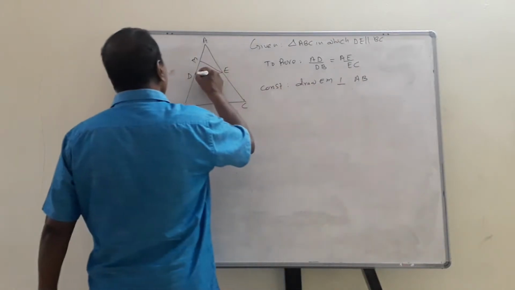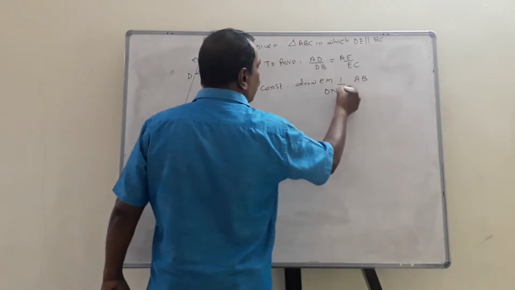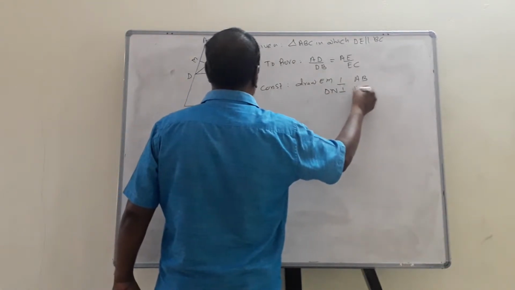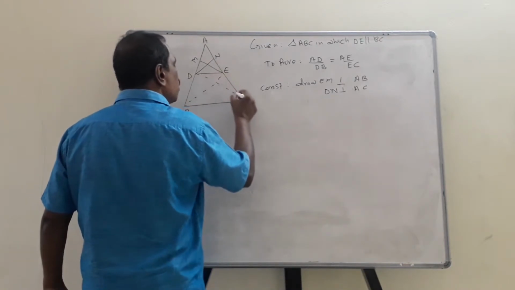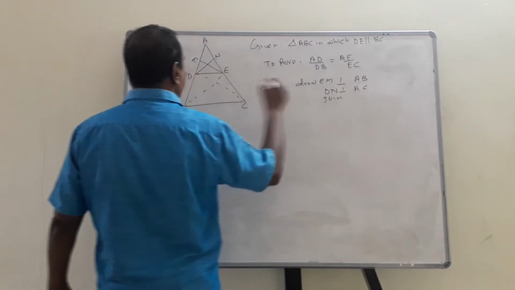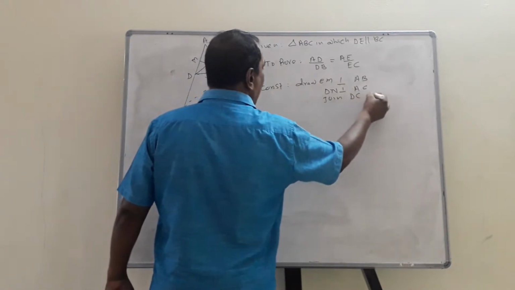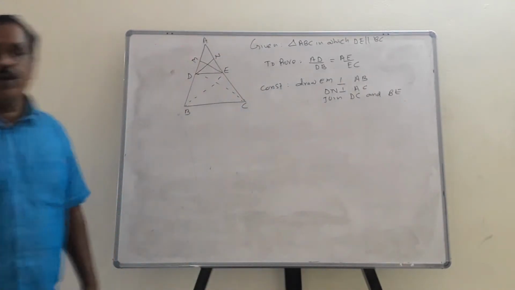Then DN perpendicular to AC, then two more small constructions: join DC and BE. Join DC and BE.